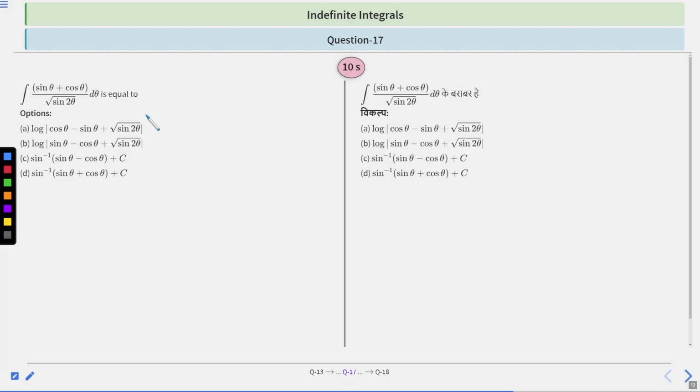So try to simplify this using formulas of sin 2 theta. You have 10 seconds to solve this question. After 10 seconds we will discuss the solution.